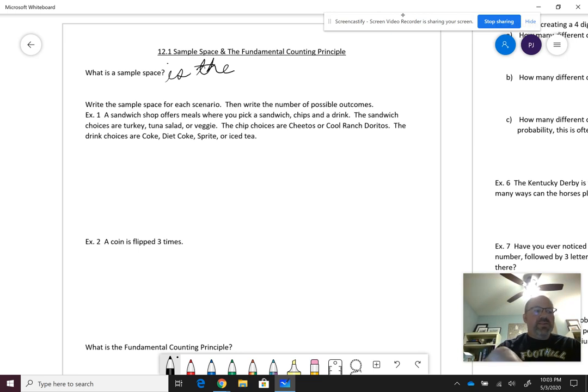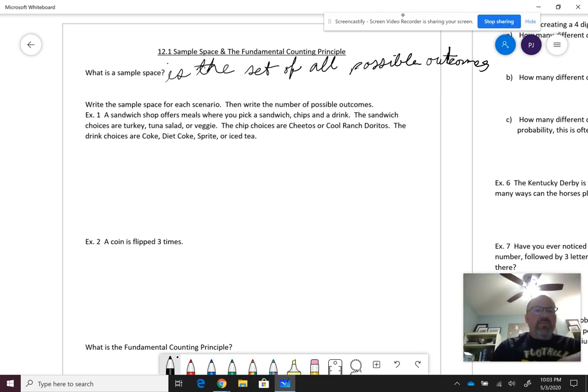Okay, a sample space is the set of all possible outcomes. So how's that going to look?